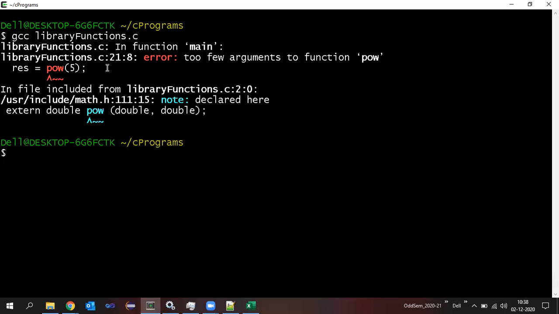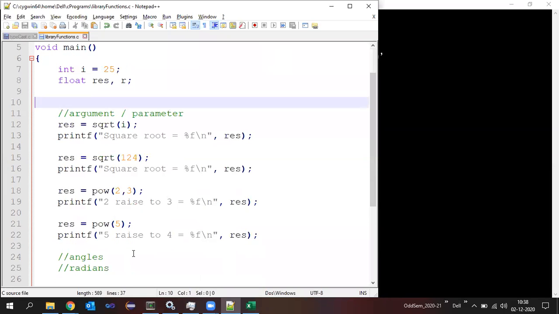Now look at the error here. Line number 21. See, in library functions.c, line number 21, there is an error. What does it say? Too few arguments to function pow. So too few arguments means what? If you go to line number 21, here it is.